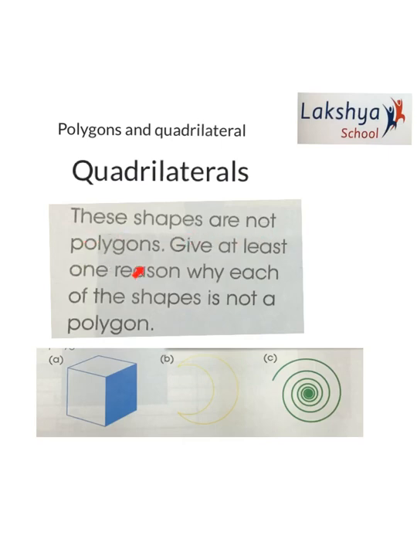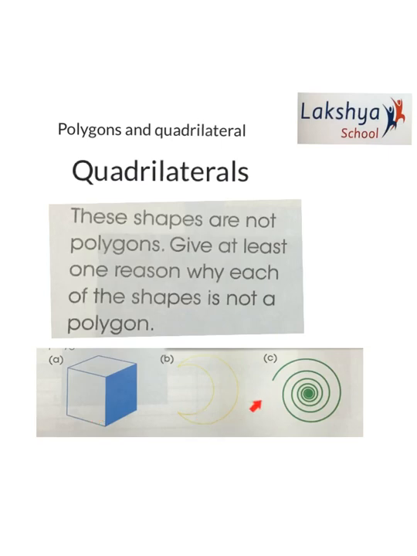These shapes are not polygons. Give at least one reason why each of these shapes is not a polygon. A. When you observe this, it is a 3D shape. For a shape to be a polygon, it needs to be a 2D shape. This is one of the reasons that it is not a polygon.